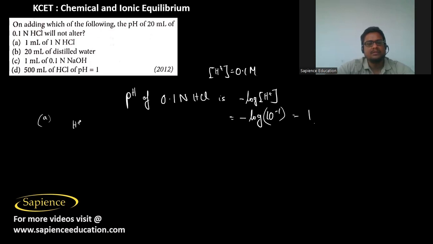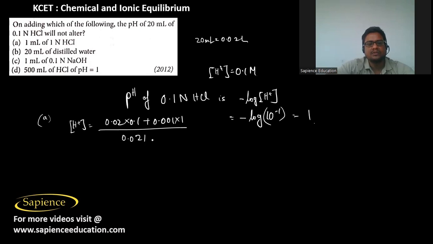So therefore the H plus ion concentration will be the number of moles of H plus, which is 0.02 liter, since 20 ml means 0.02 liter, 0.02 into 0.1, plus 1 ml means 0.001 into 1, divided by 20 plus 1, so 21 ml, so 0.021 liters.